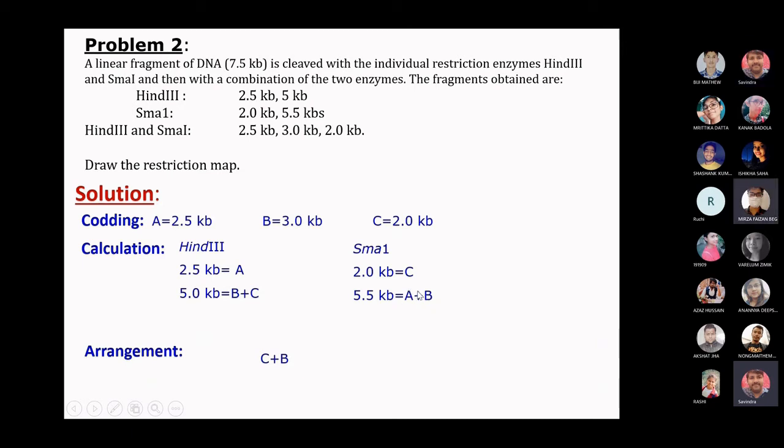Yes sir, A plus B. But how do we write it? We have to overlap both the codes with each other, only then will our sequence be formed. So C plus B overlapping with B plus A we have to write. And what are the remaining ones? The single fragments that are left, we will overlap them: C over C and A over A. This is the arrangement. And what will the sequence be? A B C. Say CBA or say ABC, it is the same thing.